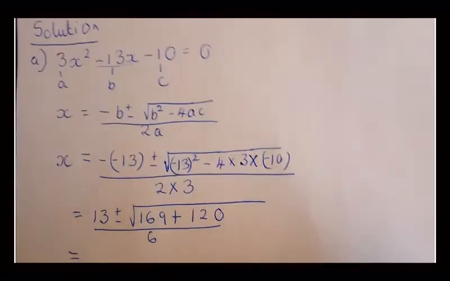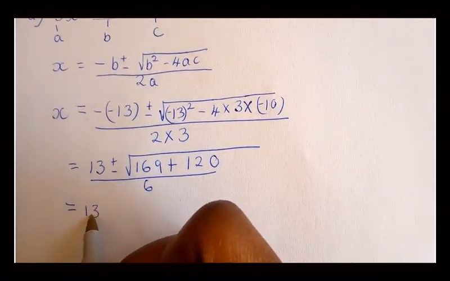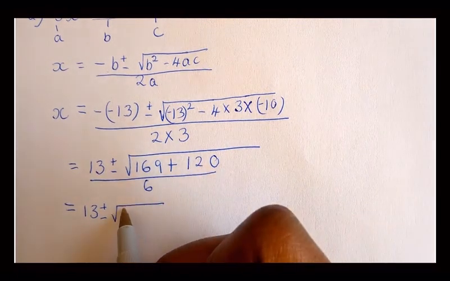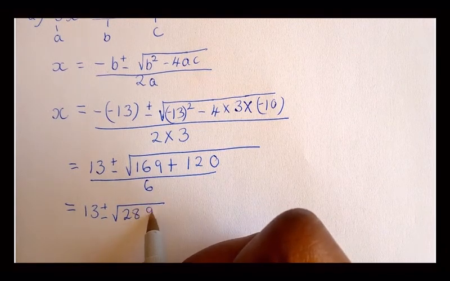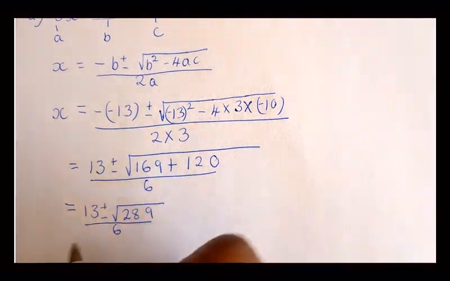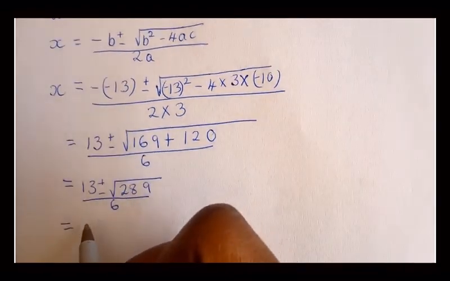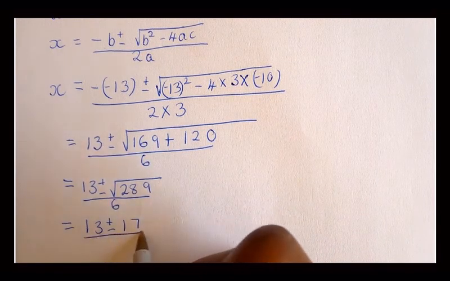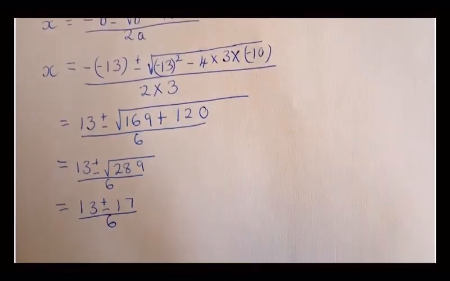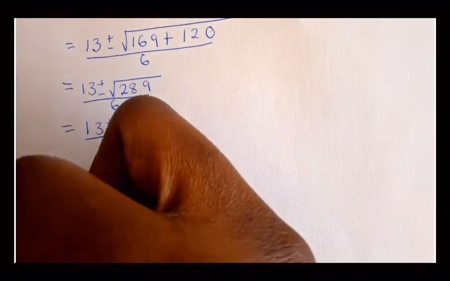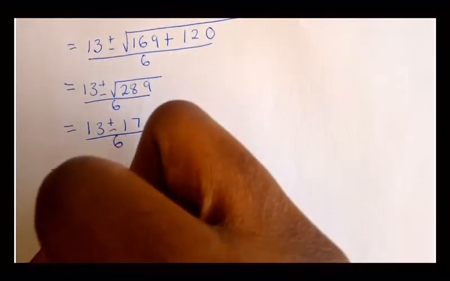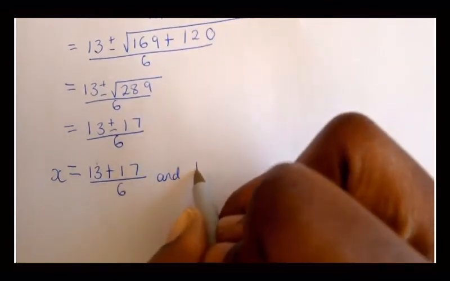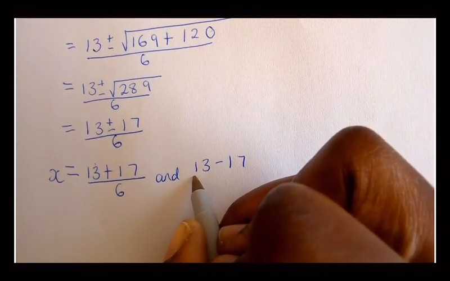So our next step is equal to 13 plus or minus the square root of 169 plus 120 is 289 over 6. So this becomes equal to 13 plus or minus the square root of 289, which is 17, over 6.